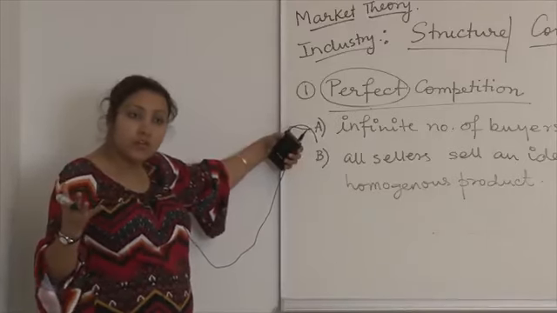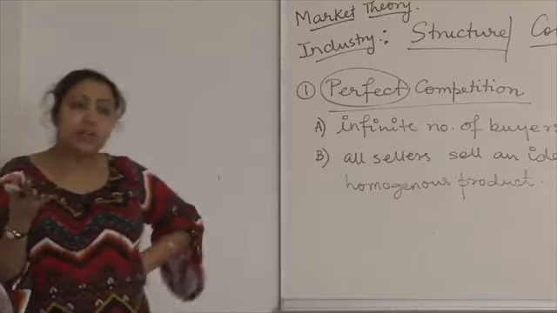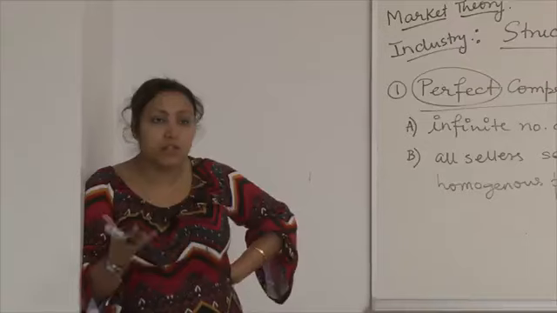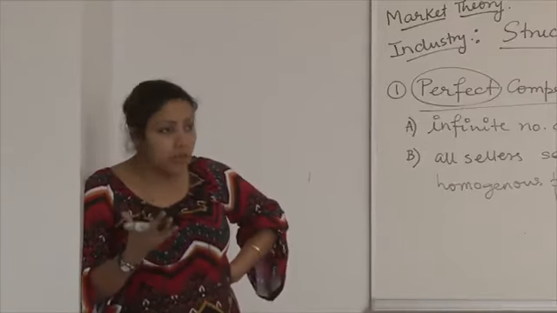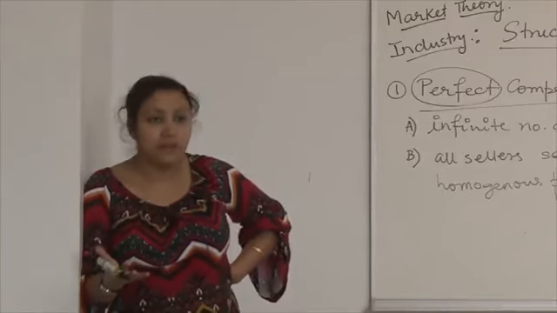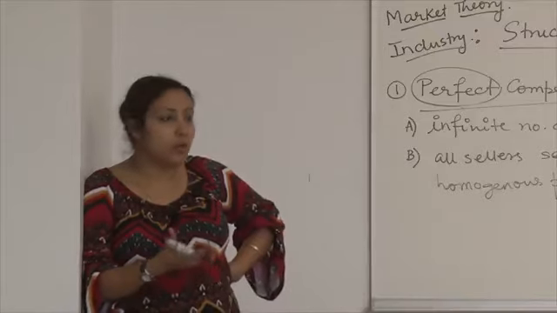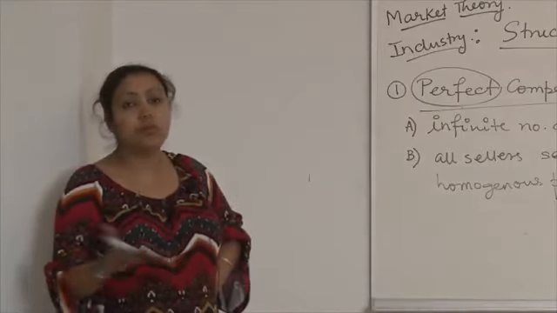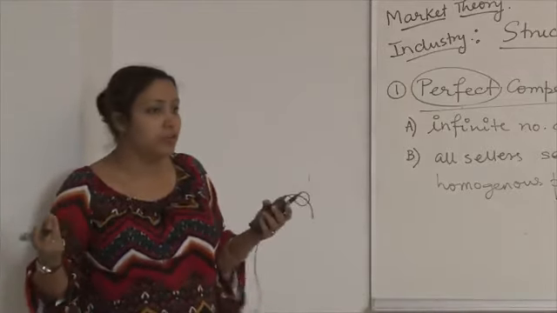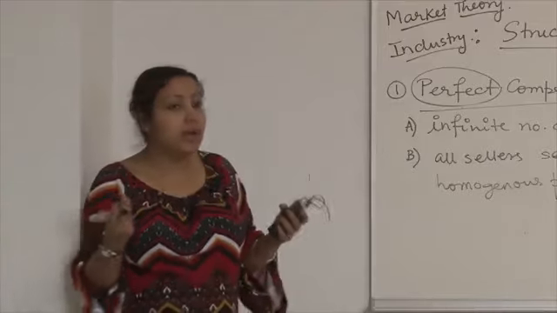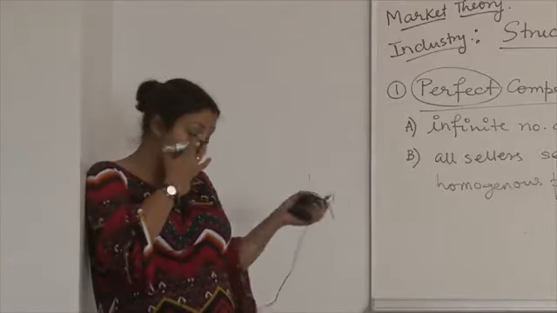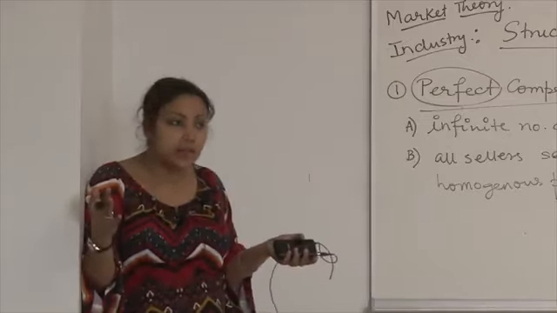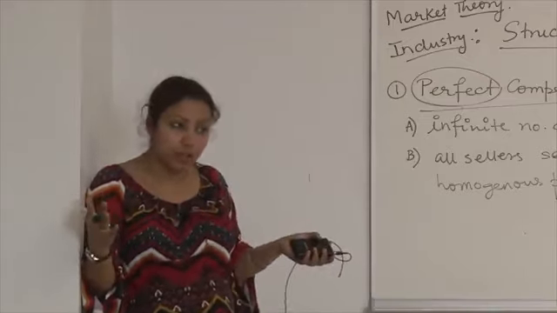That is also very unrealistic, because in the real world, even if a seller has two different products which physically may look the same, there will be some difference based on at least the brand, right. The brand of person A may not be the same as the brand of person B, or the color of the product will not be the same. There will be some minute difference, right. It is not possible that the product sold by all sellers, especially when you have an infinitely large number of sellers, will be exactly the same, exactly the mirror images of each other, right.